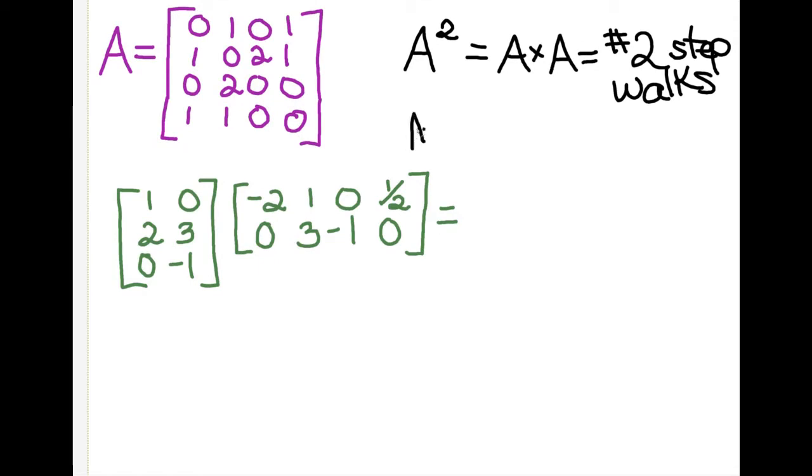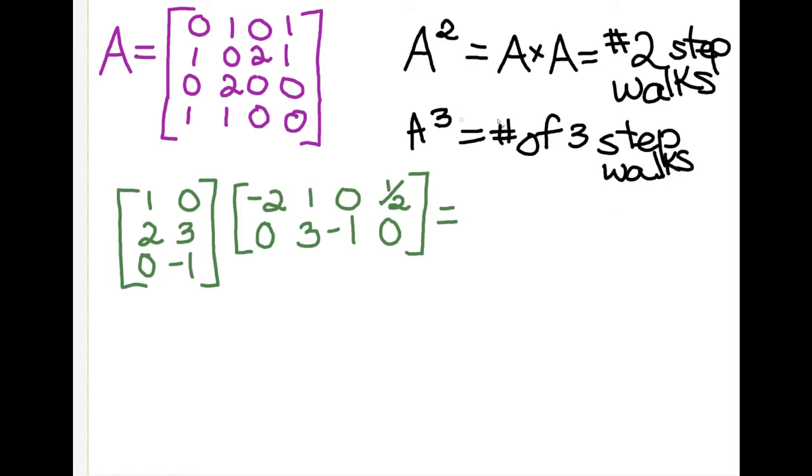A to the 3rd power would be A times A times A, just like regular multiplication, and this would give you the number of 3-step walks. So we just have to do some multiplication here: A times A times A to get the number of 3-step walks, now that we already have A.